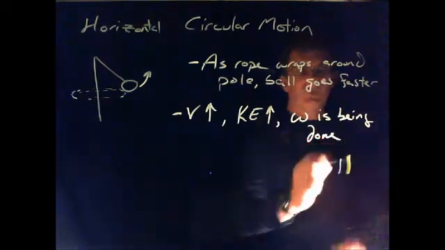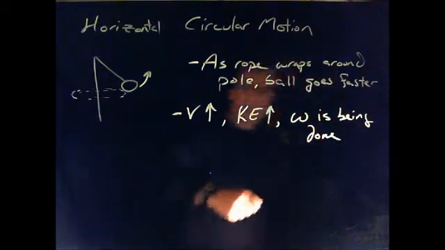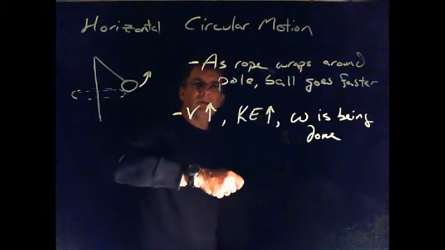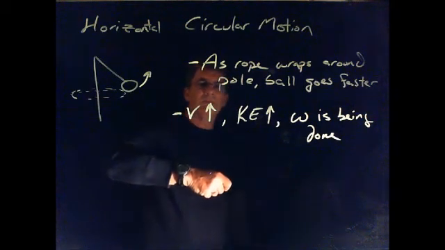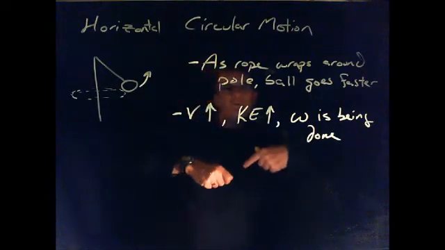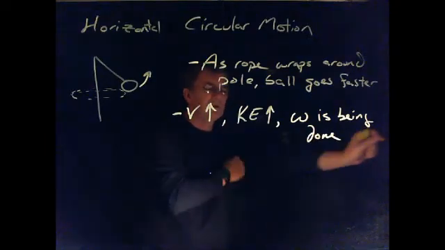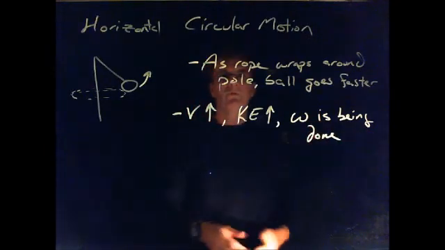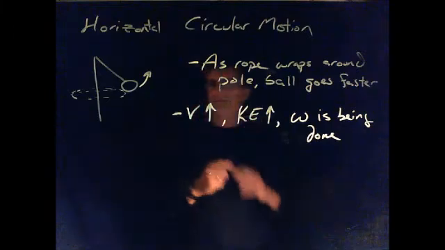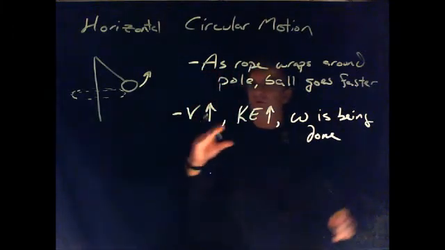So the question is, if I just get that ball spinning and moving around, and it's going faster and faster, and I'm holding everything still, but the ball's moving faster, where's the work coming from? Well, this is an interesting little question to ask.